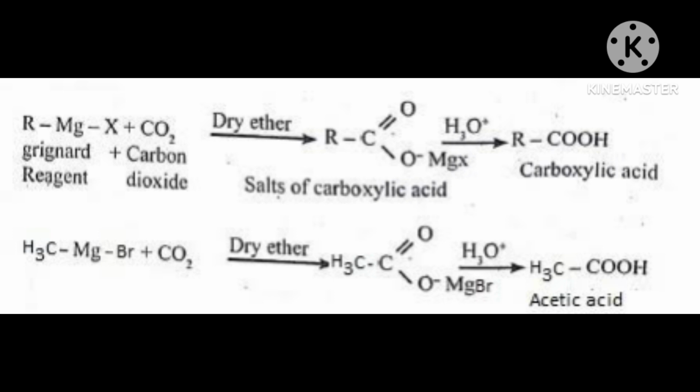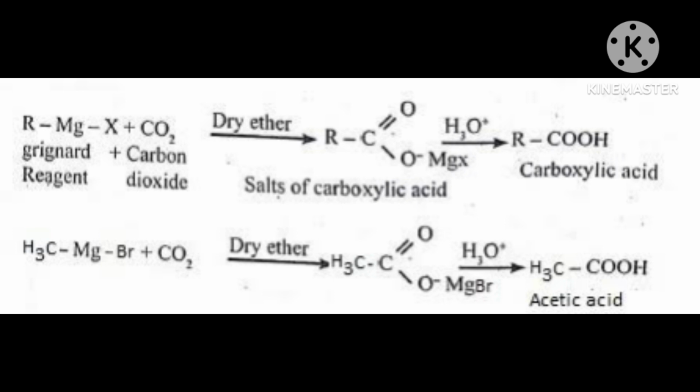Acyl halide is called acid chloride. You can also say acyl chloride or acid chloride. Then how will you get the carboxylic acid, the COOH group, from acyl halide, means acid chloride, and anhydrides?